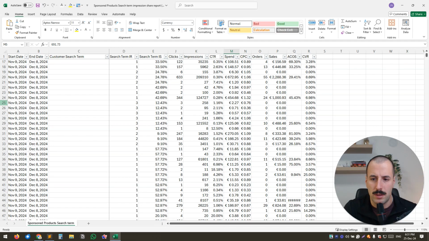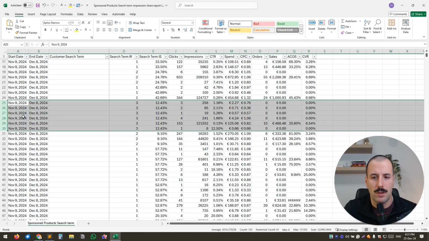For example, here we are position number 3 for this search term on all of these campaigns. Since we are position number 3, that means that in our category there are only 2 brands that have better impression rank on this search term than us. It can be hundreds and thousands of other brands selling a similar product but targeting the same search term, but only 2 of them are better than us.